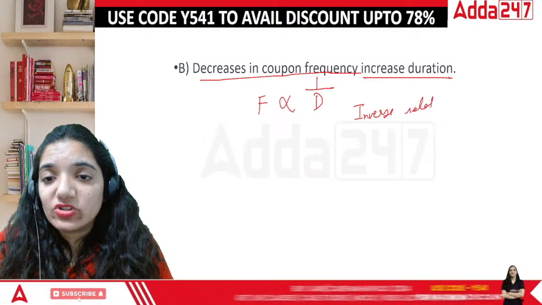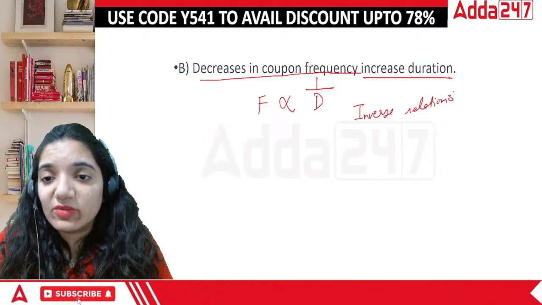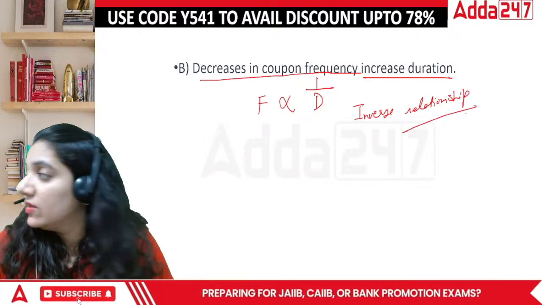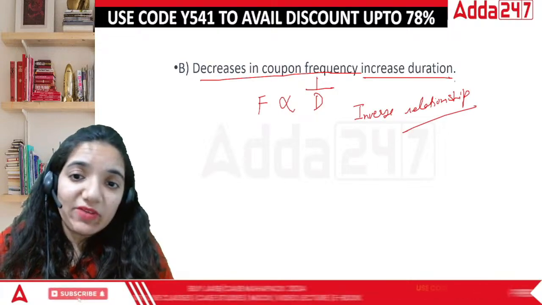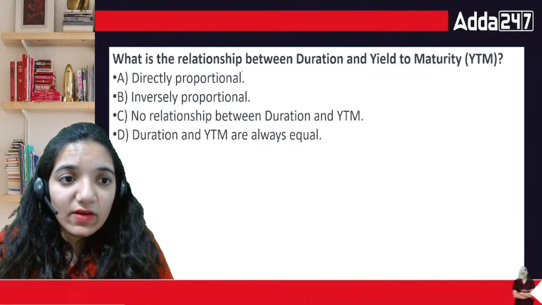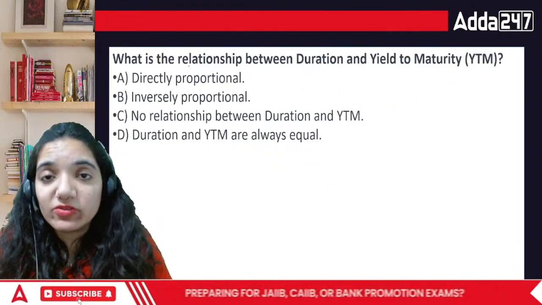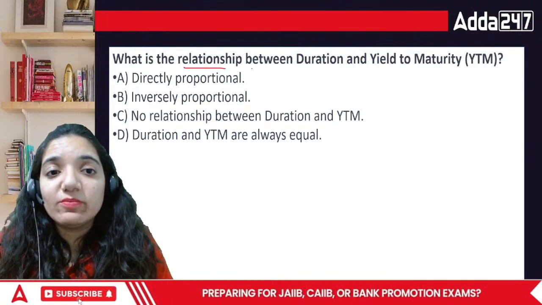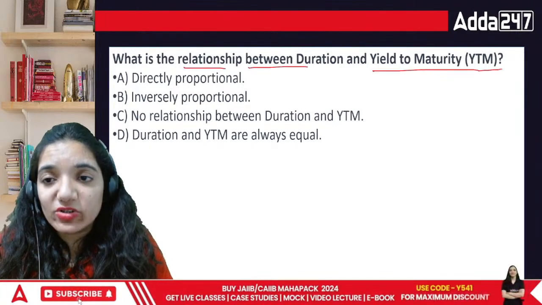These kinds of questions should be anticipated in the examination, because this is an eye opener. For these questions, we should be very open and clear about it. You know, what is the relationship? These are out of the theorems of YTM, everyone. What is the relationship between duration and yield to maturity?